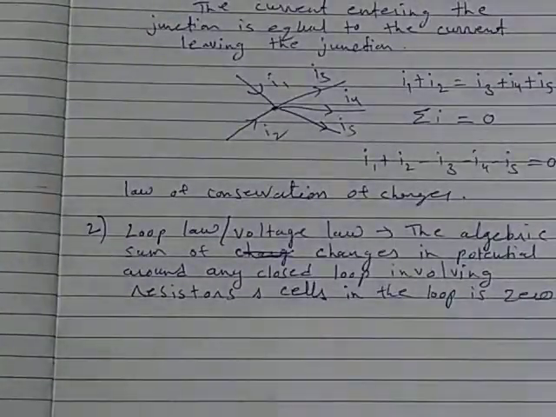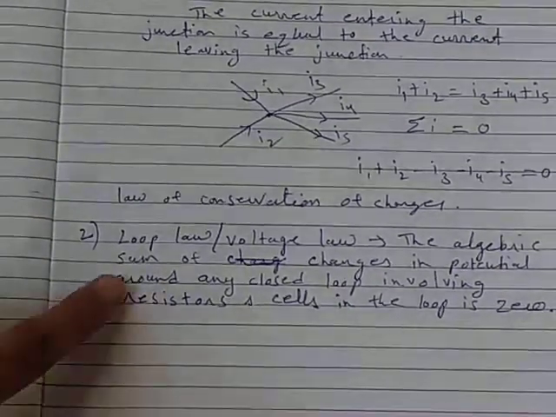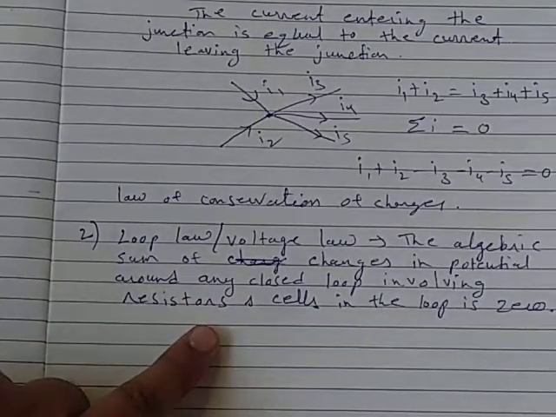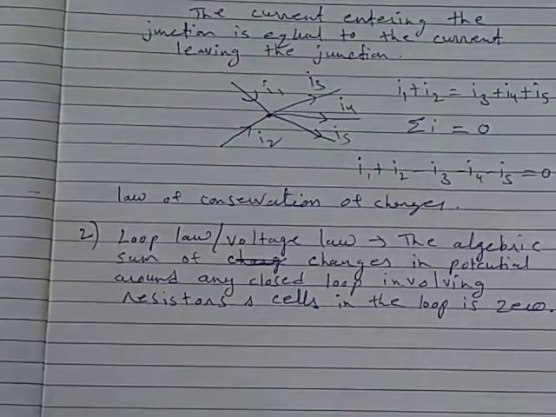So this law says that the algebraic sum of the changes in the potential around any closed loop involving resistor and cell in the loop is zero.